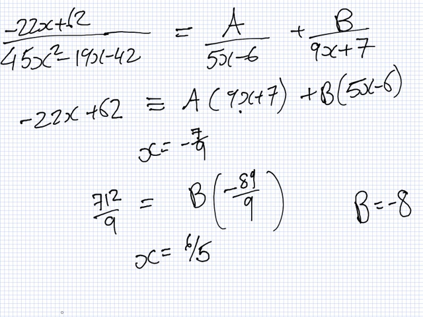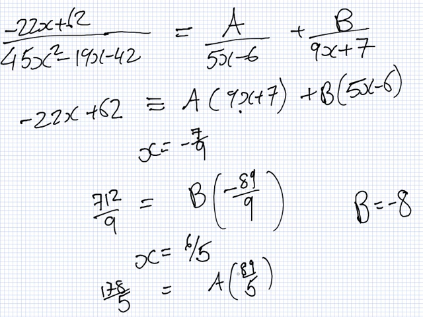So on the left, minus 22 times 6 over 5 plus 62, and we get 178 over 5. On the right, this is gone, and you have a times 9 times 6 over 5 plus 7, which is 89 over 5.